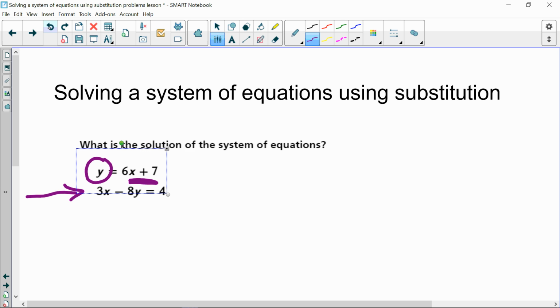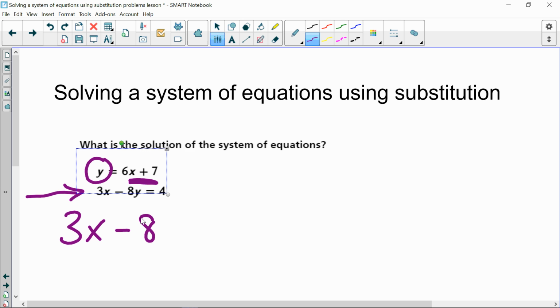So I'm going to say, all right, well, I know that I still have the 3x. I'm not doing anything with that because I'm substituting in what y is equal to. And then I still have the subtract 8. That will not go away. Numbers will never go away. That 3, that negative 8, that 4, those will never go away, not until after you start doing math. But the y value will.